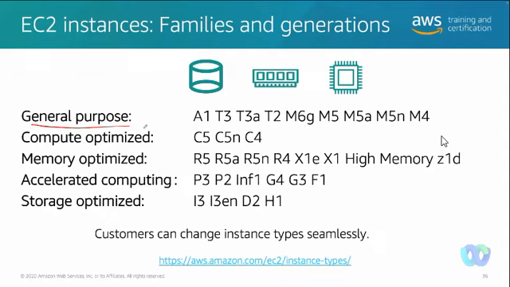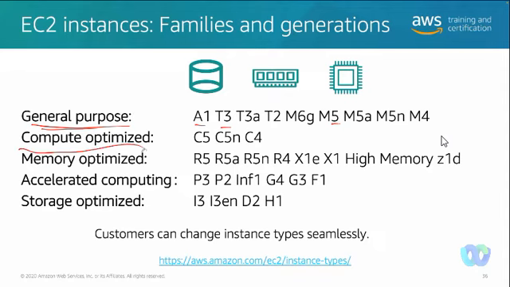If you don't know what to choose, start with general purpose. Most likely that's going to fit your needs. But there are some scenarios where you need something a bit more specific based on your needs. So for general purpose, as you can see, they start with T's and M's for most of them, A as well. And then there's compute optimized.